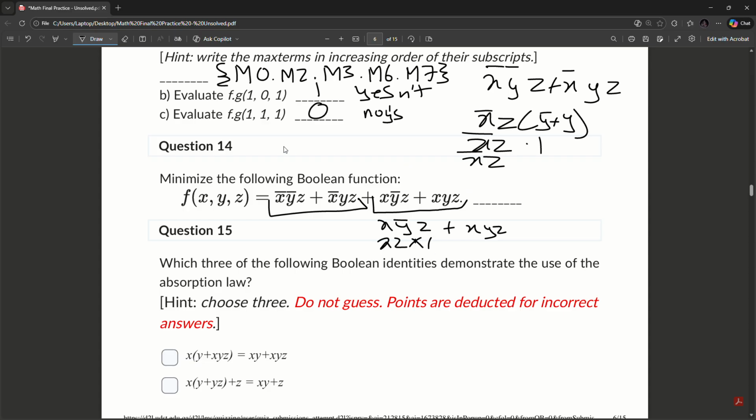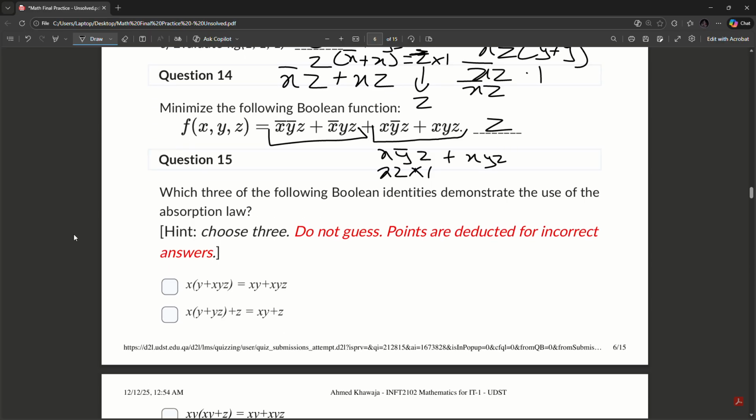Now you're down to x complement z plus x z, and you take z out because these two are changing. You can further compress to z times x complement plus x, which equals z times 1, which leaves the final answer to be z.